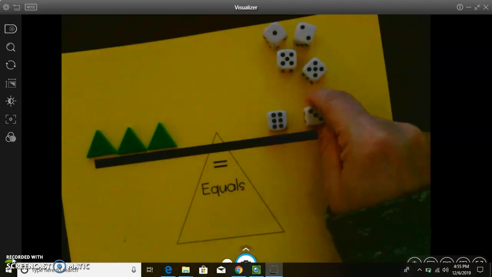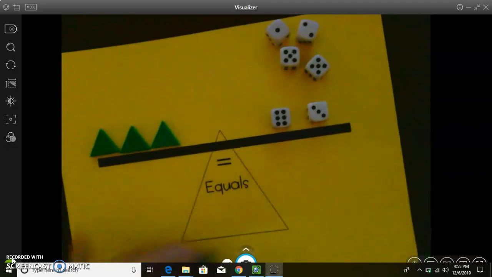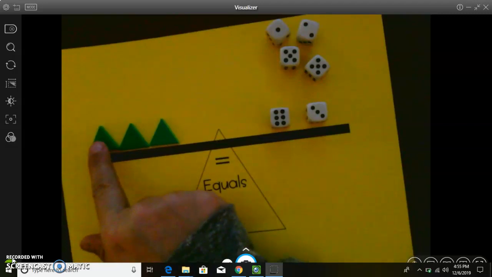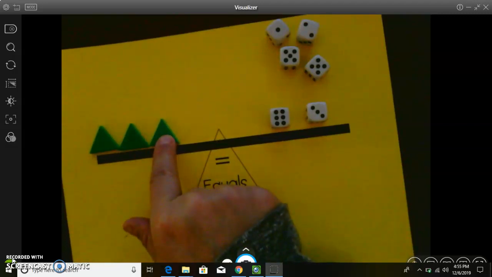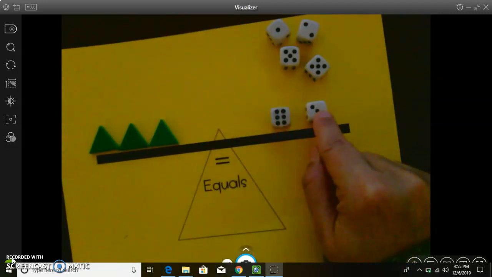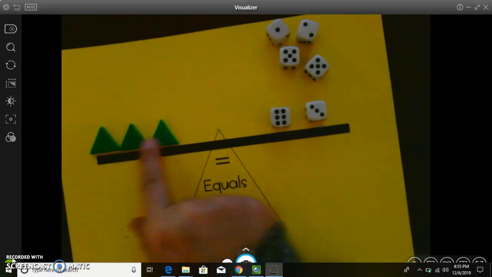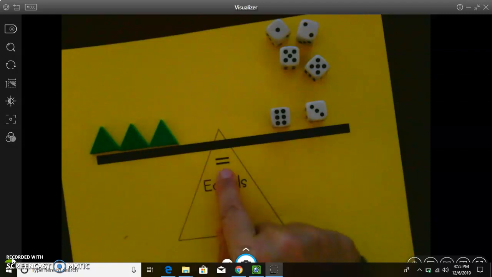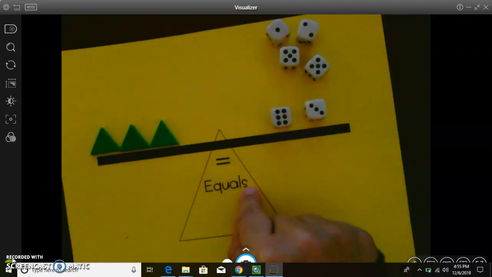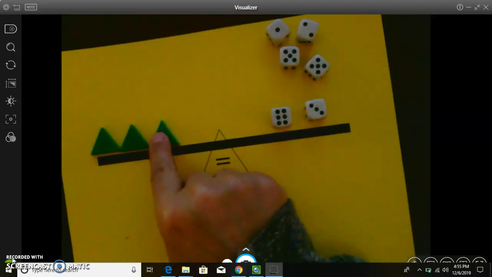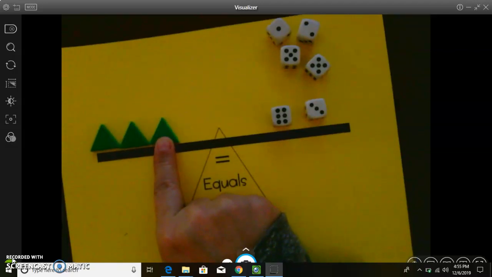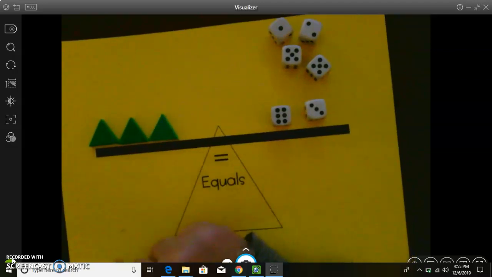We could try 2: 2, 4, 6, 7, 8, 9. Does not equal. Let's try 3. 3, 6, 9 equals 6 plus 3 is 9. So each of our unknowns or variables would equal 3 in this equation.